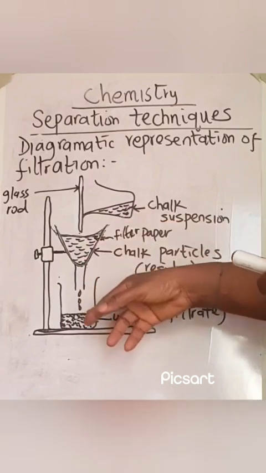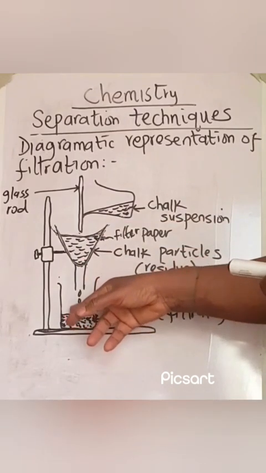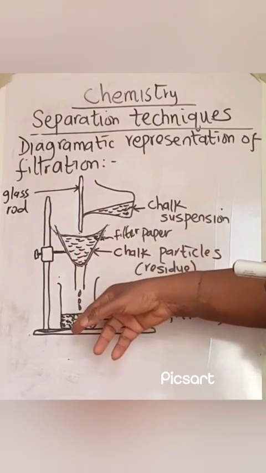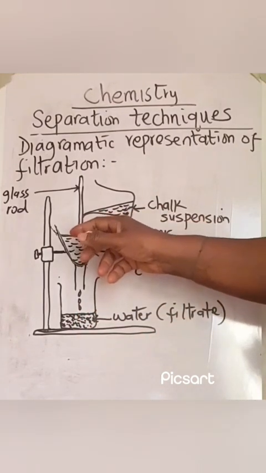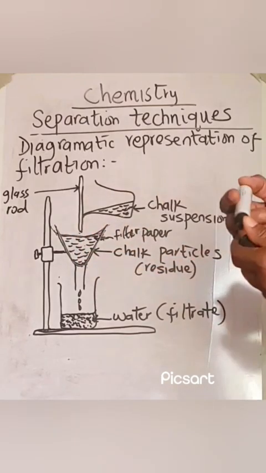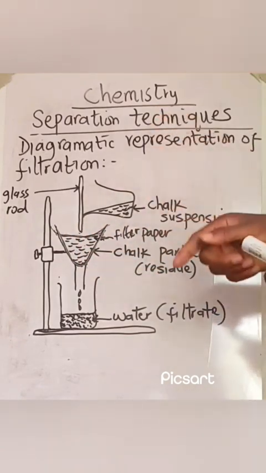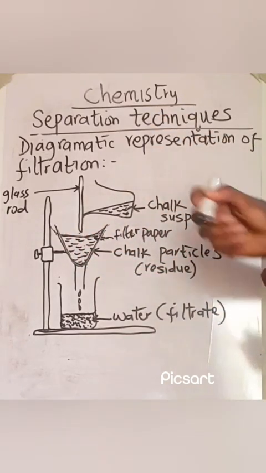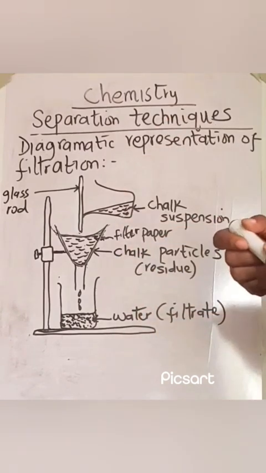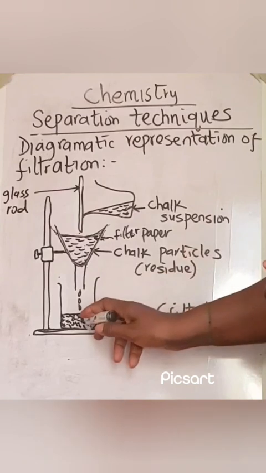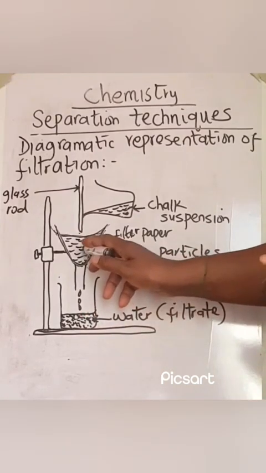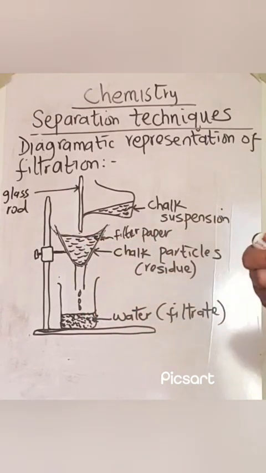The water passes through the filter paper and collects in the beaker, while the chalk particles, the residue, remain in the filter paper because they cannot pass through it. So this is how we separate chalk particles in water using the filtration process. This is the water that has been collected, the filtrate, and this is the chalk particles.